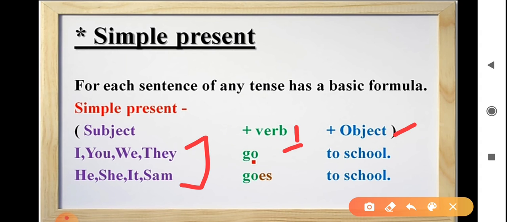Go and goes are verbs and to school is the object according to the formula. A singular subject is always followed by a singular verb. A plural subject is always followed by a plural verb. In the simple present tense, we create the singular form of a verb by adding s or es to the main verb.